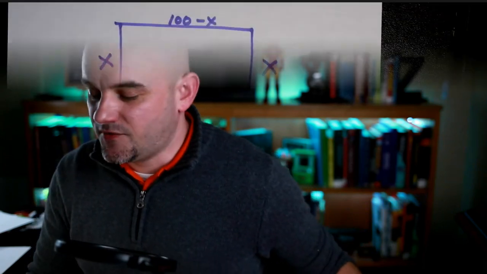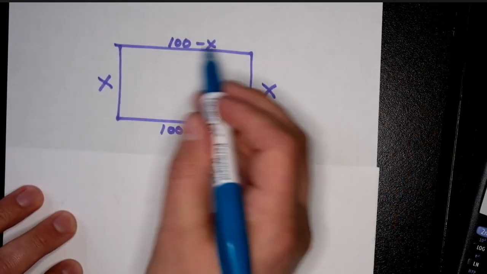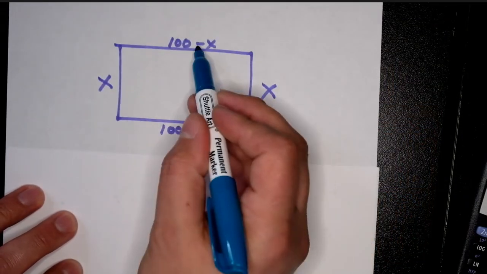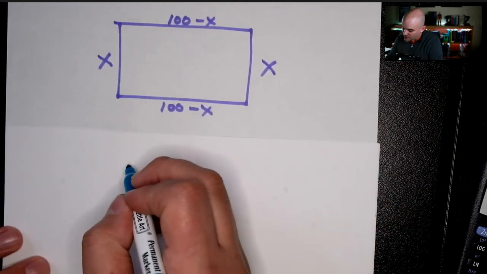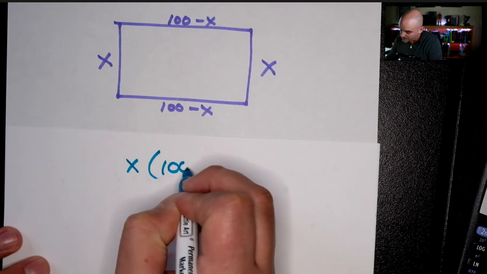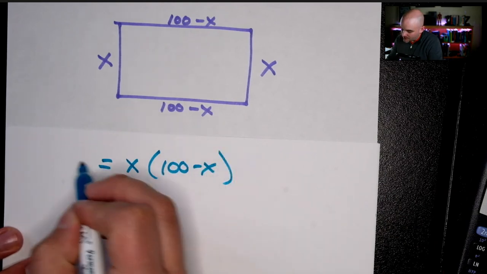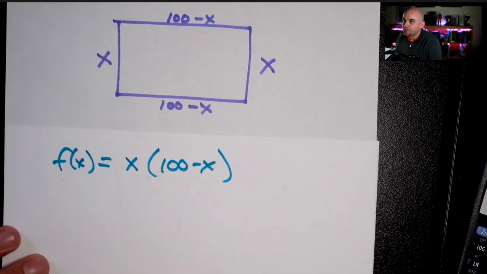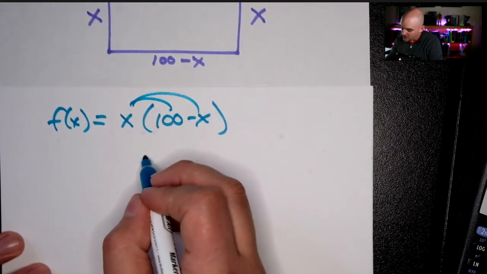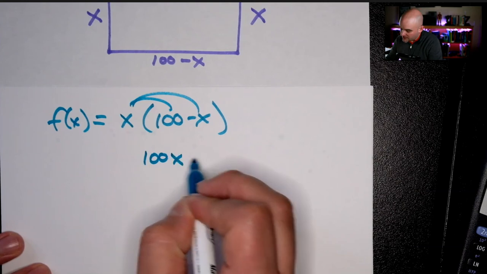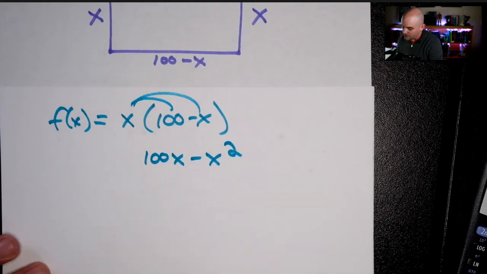All right, did you get your equation? Let's take a look at where we just left off and see if you got it right. So here's our rectangle. So the area of a rectangle is length times width. So I'm just going to say x times 100 minus x. That is your function there, right? So x times that, distribute your x, and you end up with 100x minus x squared.